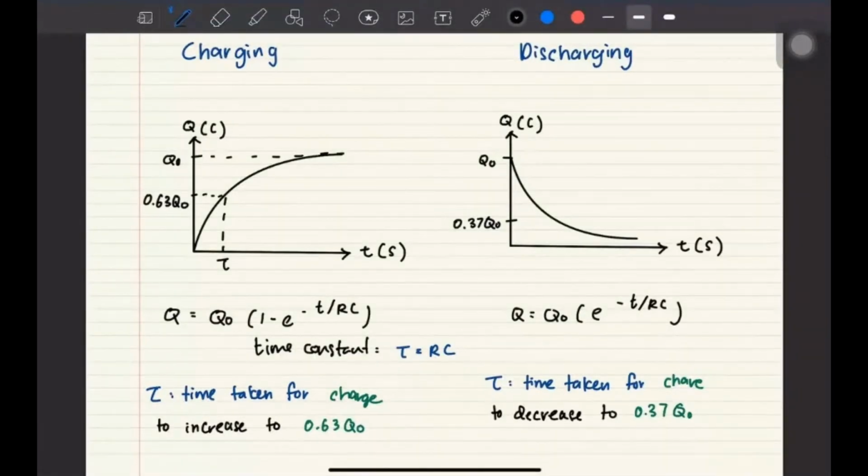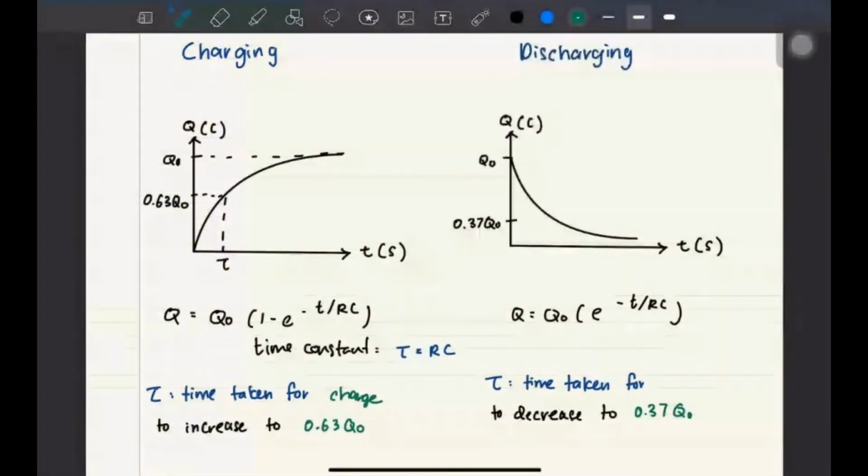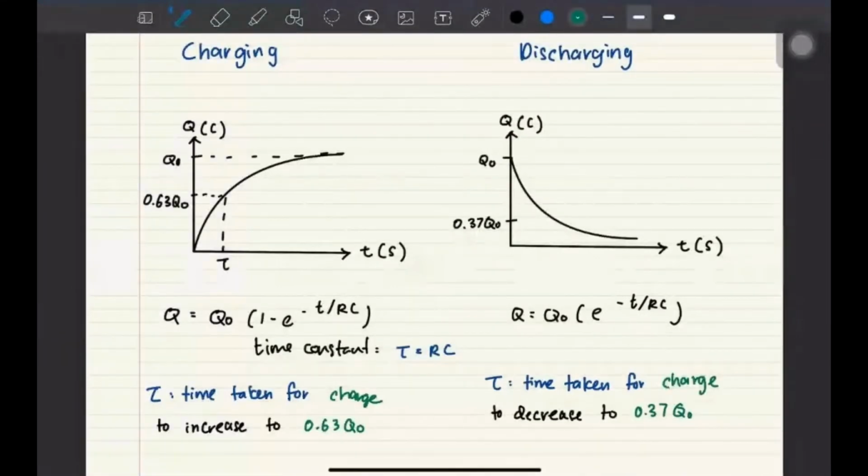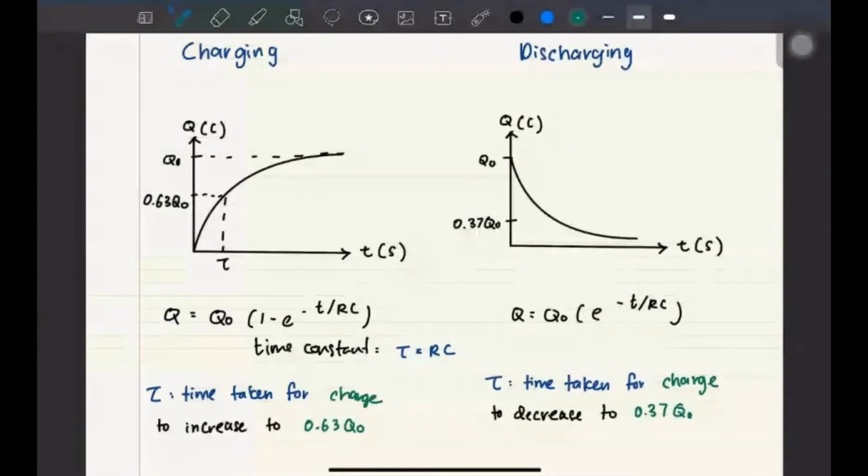Time taken for charge to decrease daripada yang atas sana hinggalah ke 0.37% charge. Charge to decrease to 0.37% daripada kina. 0.63 dengan 0.37 ni dia adalah nilai 1 over E ataupun E. Nanti kamu tengok dalam nota kamu dia ada derivation dia. Saya tak nak go through lah.